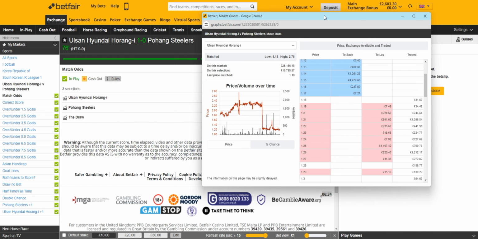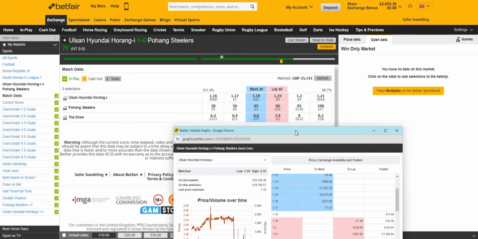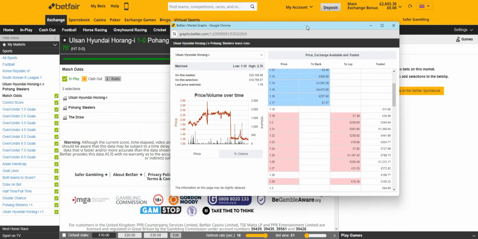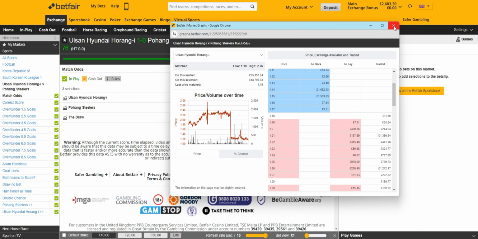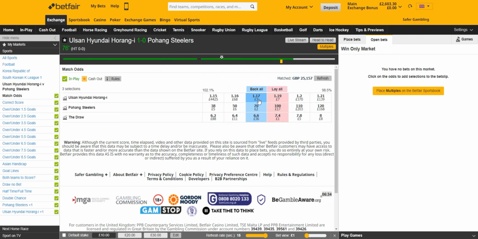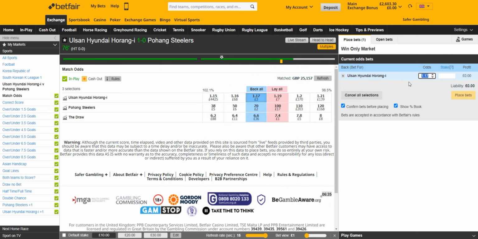And you could have backed Ulsan in this scenario and then traded out for a really nice profit, obviously laying off at 1.19. So let's say you did get in. It was around 2.25 kind of area for ages. So let's say you got in at 2.24.